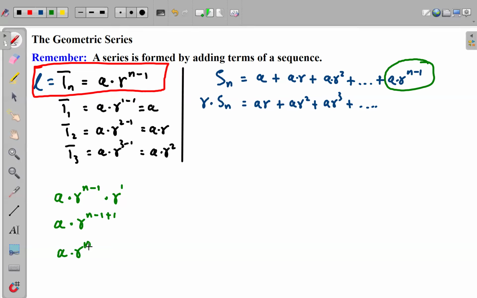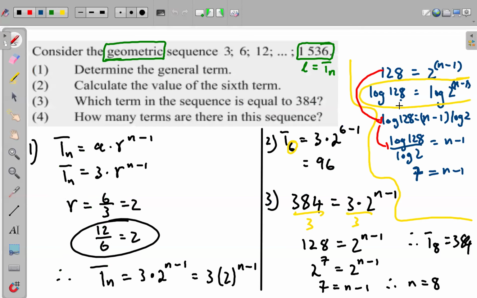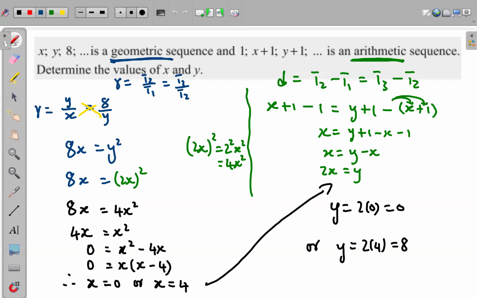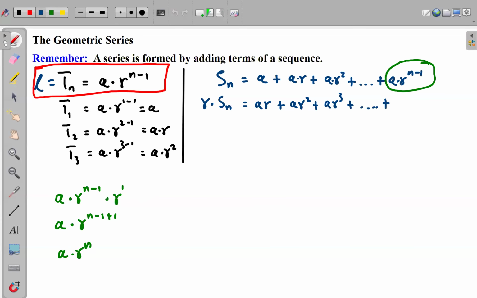A times R to the n. So when I multiply by R, I need us all to be on the same page that my last term in this instance will be, oops, sorry about that. My last term here, looks like I went very far back. Okay, so we should be fine now. My last term will be A times R to the n.